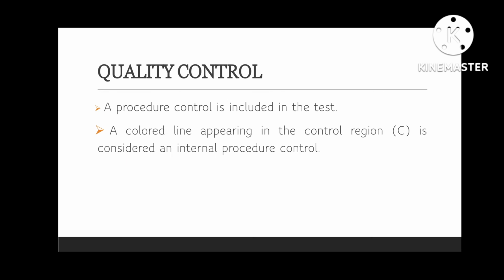In the quality control of antigen test kits, there is always a procedural control that is included in each test. A colored line appearing in the control region is considered an internal procedural control.